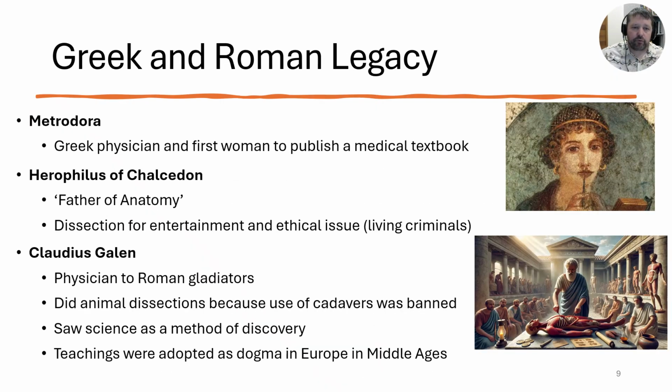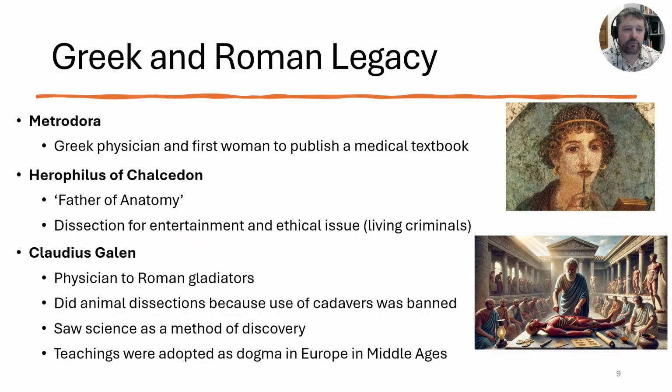Okay, Metrodora, first female to publish a medical textbook. Okay, Herophilius is known as a father of anatomy. Really did a lot of work, and there's some definite ethical issues with Herophilius' work.